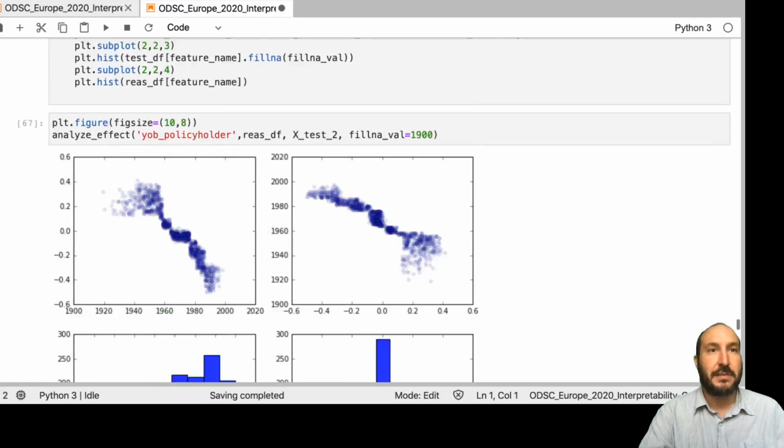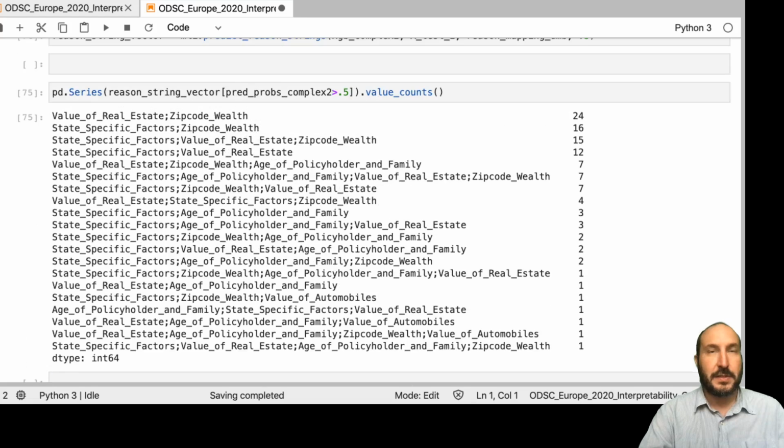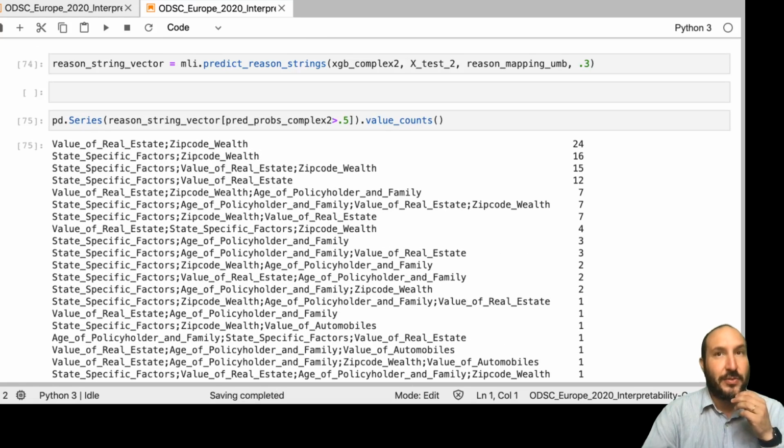So in 24 of the data points, we found that the reasons we would have given were that this person has a lot of real estate and they live in a wealthy zip code.